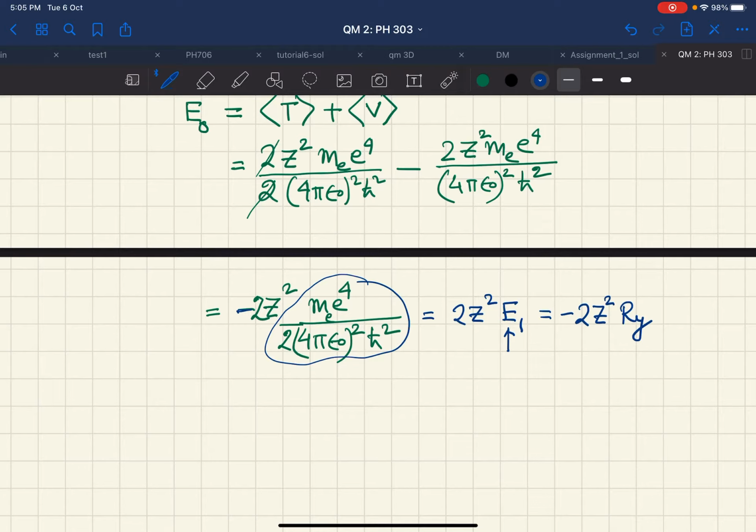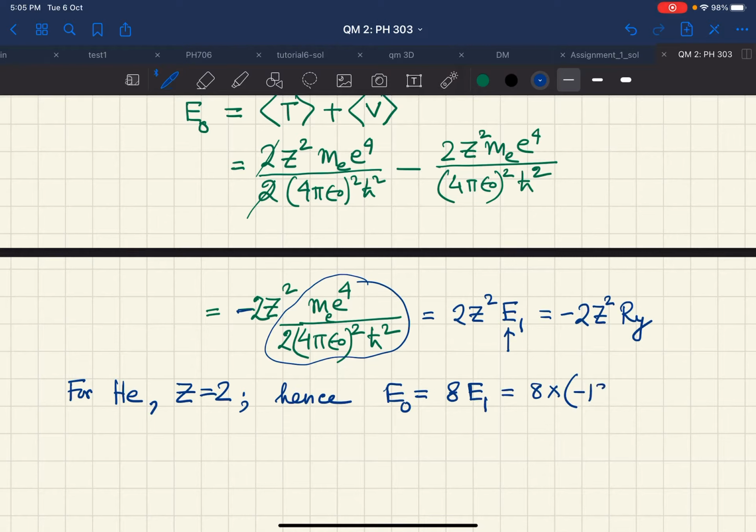And for helium, we know that Z is equal to 2, and hence E0 should be equal to 8 times E1. That means 8 times minus 13.6 electron volt, which is nothing but minus 108.8 electron volt.